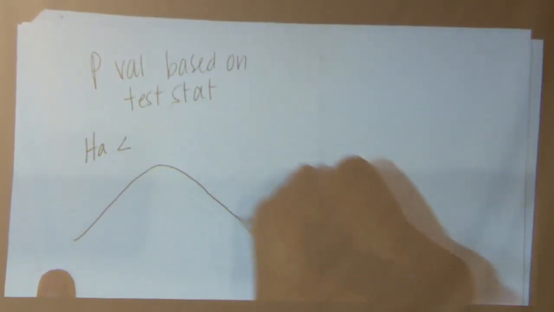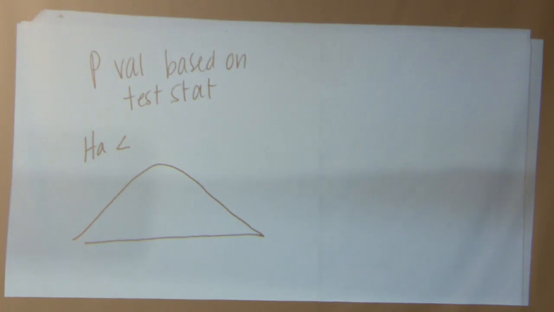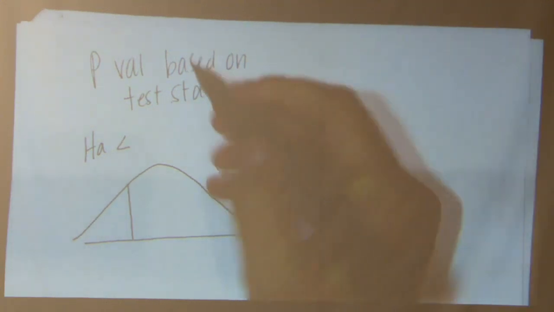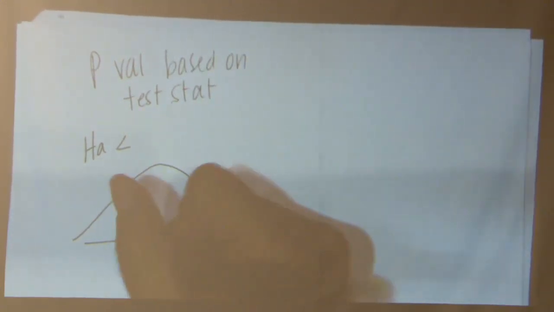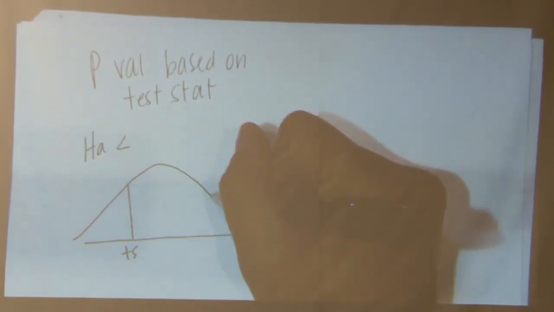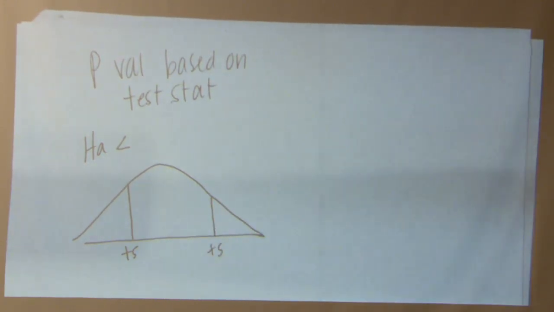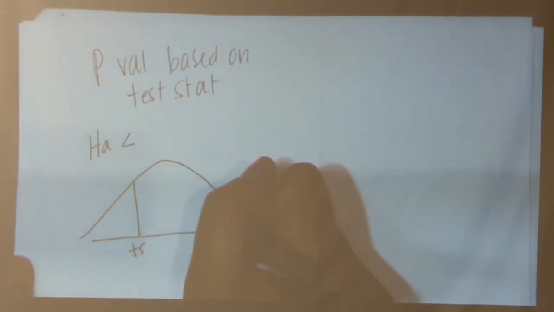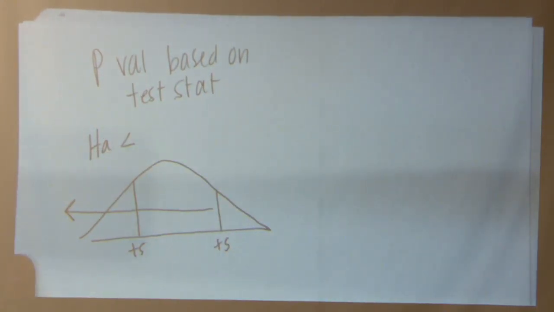So if your alternative is solving for less than, let's say your test statistic is over here, or your test statistic is over here. No matter what kind of value you get, since you're solving for less than, your p-value is going to be everything to the left.